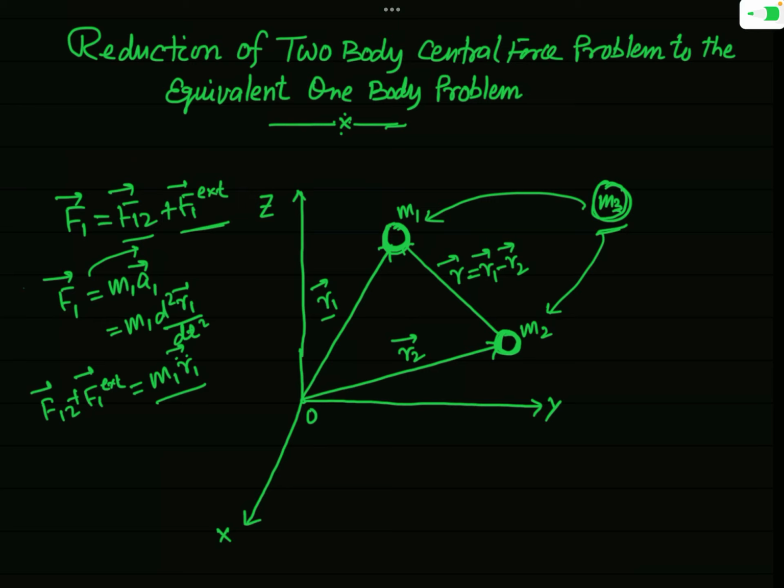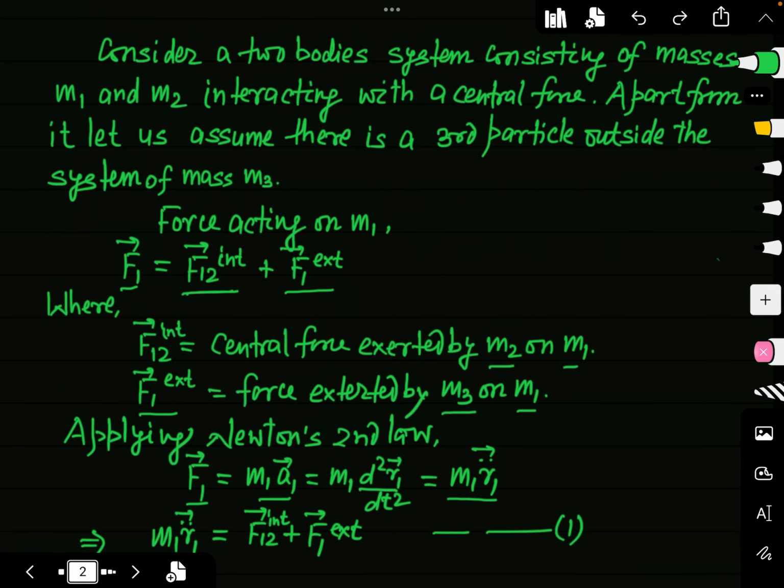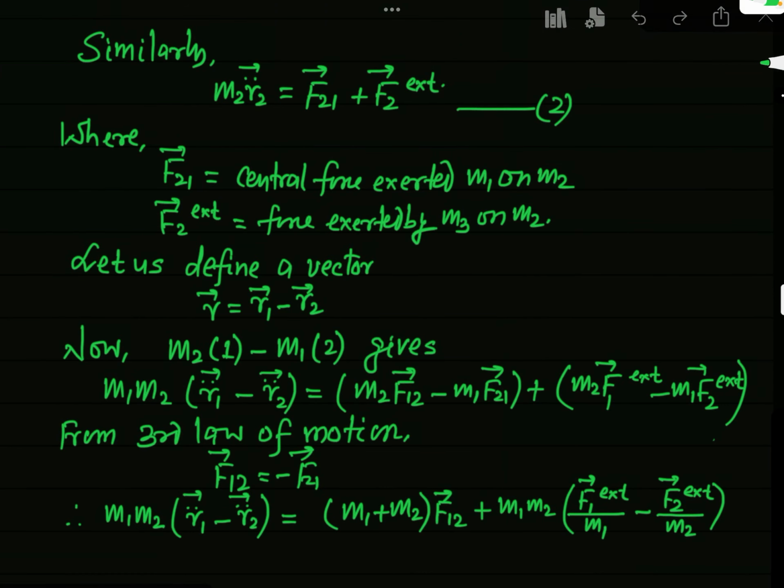So in the similar manner, when you write the equation of motion of the mass M2, by analogy, you can see this will be M2 R2 double dot equals F21 plus F2 external. You may write INT here for clarification, but there is no need to write it.